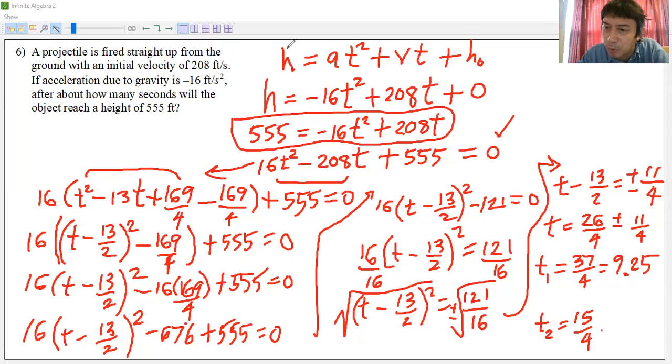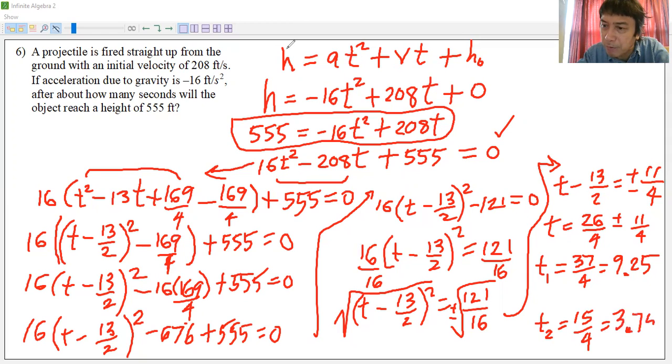Now, the t2 is 15 over 4. And that can be the same as 12 over 4 plus 3 over 4. That's the same as 15 over 4, and that will be 3.75.